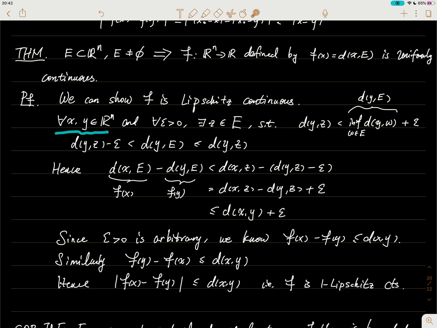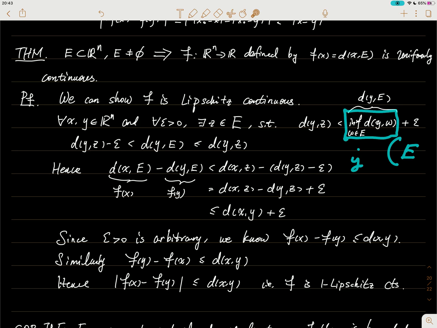let's say for any two points x and y, and for any epsilon greater than 0, let's focus on y here. For any epsilon greater than 0, there will be a point z in E such that the distance between y and z is less than the infimum of d(y,w) plus epsilon, where w is from E. So what this is saying is that, remember that if I have an E here, and this is my y, then the distance between y and E is the infimum here, right?